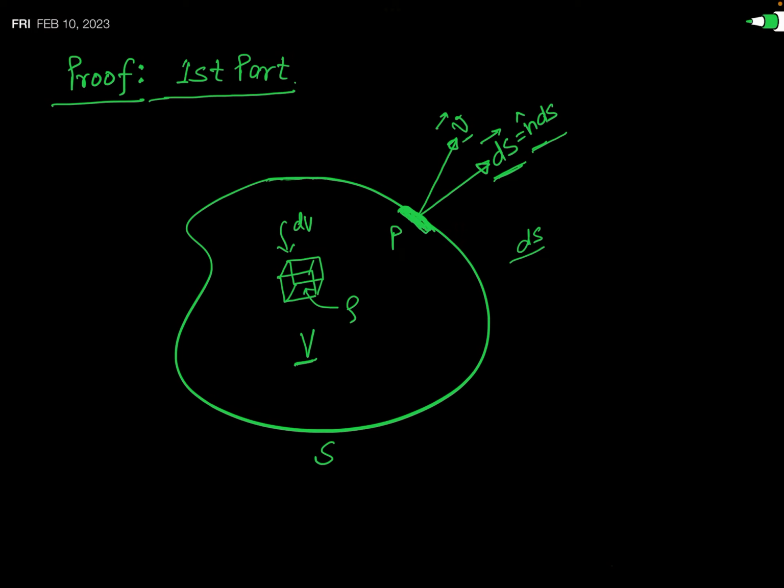Now we consider an elementary volume, let us say dV, inside this volume V, and we consider that rho is the density of phase points at this particular point. Okay. So if your aim is to find how many phase points are moving out through this elementary surface per second, or the rate of flow of the phase points through this elementary surface, how can you find it?